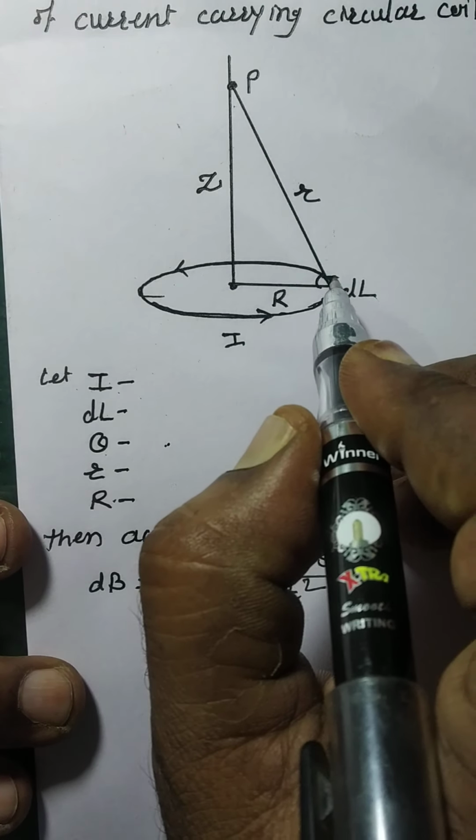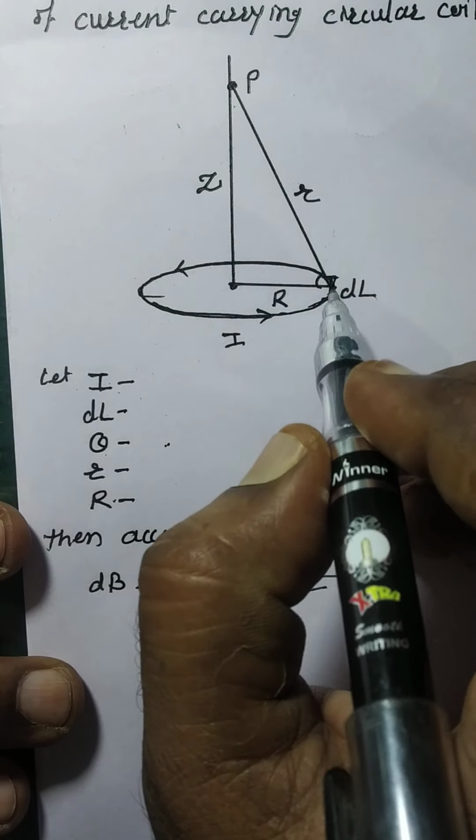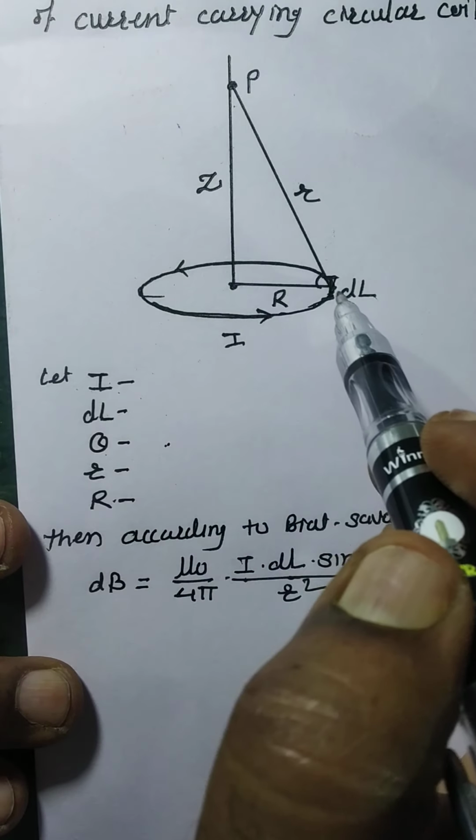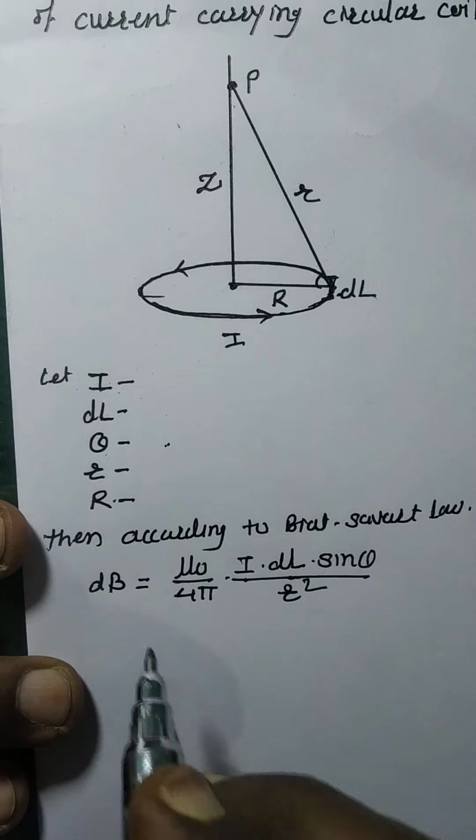But the length of the element is perpendicular to the line joining the element to that point.